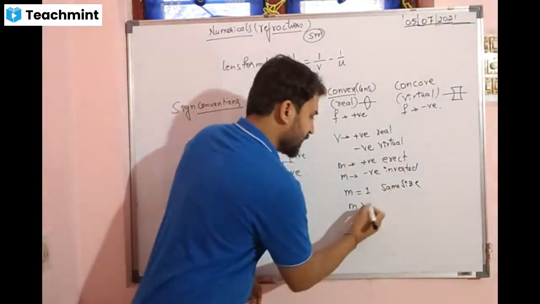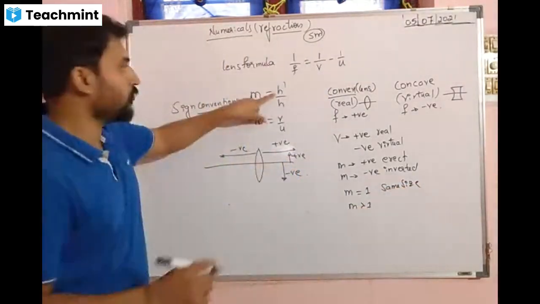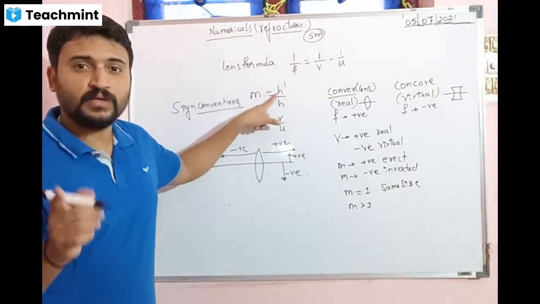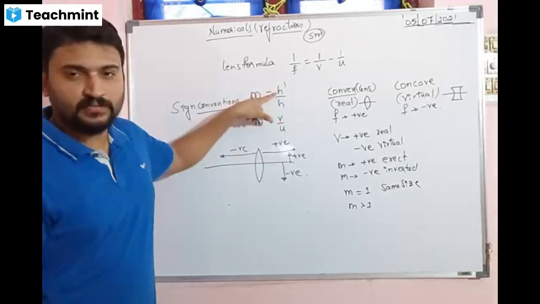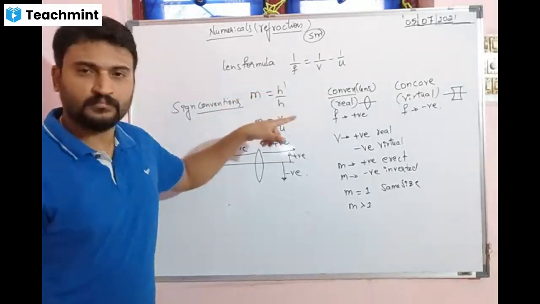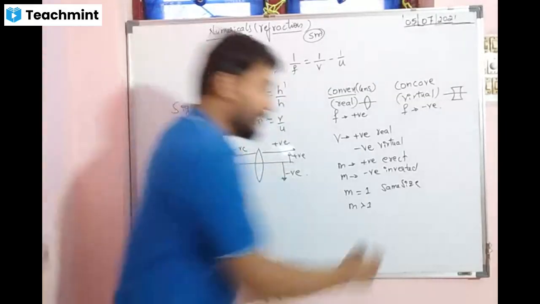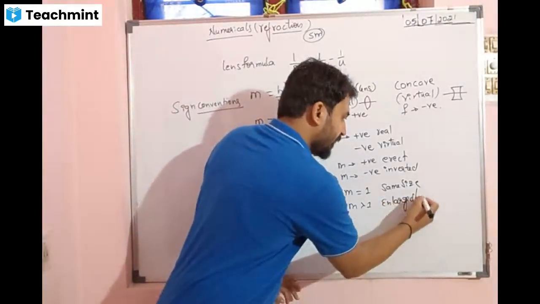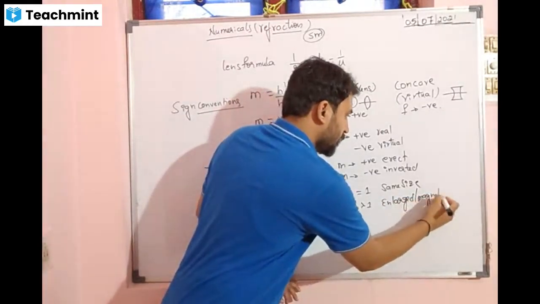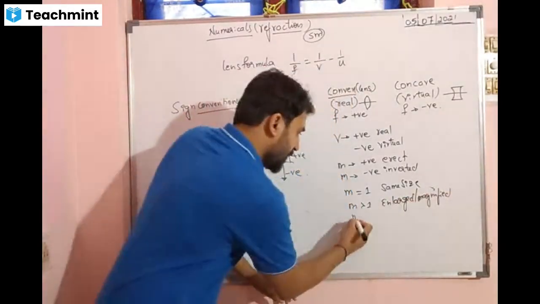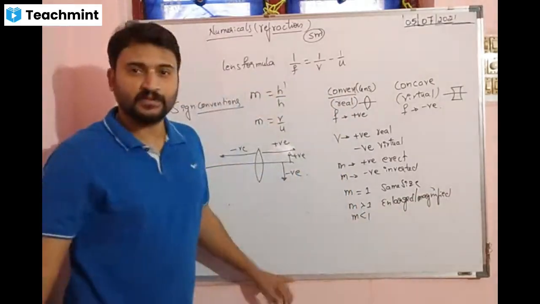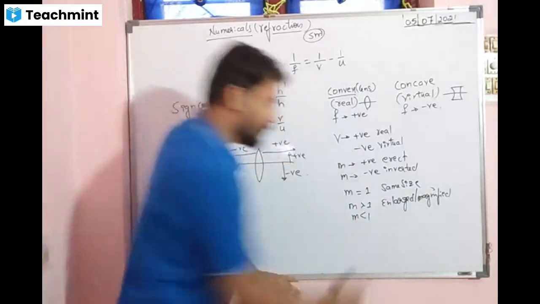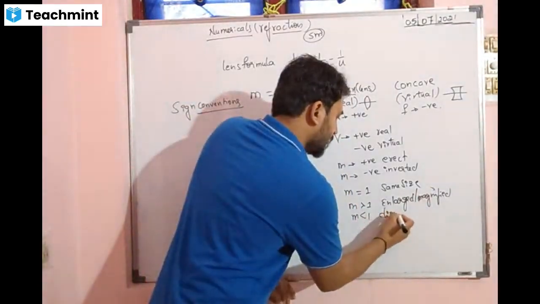If M is greater than 1, the numerator is bigger, H dash is bigger. H dash means the size of the image. If the image is bigger than the object, we can tell it is enlarged or magnified. If M is less than 1, the object is bigger than the image, the denominator is bigger, so it is called diminished.